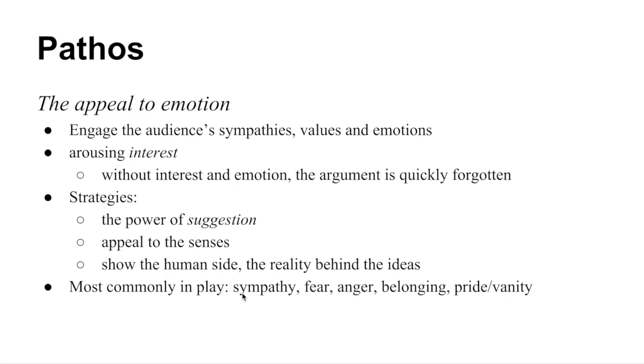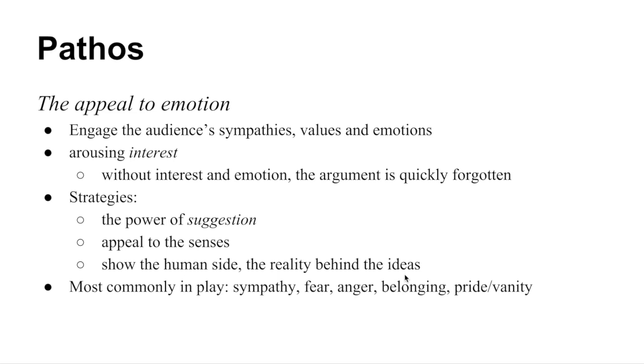And there are about 5 or 6 really basic emotions that all persuasive pathetic appeals really use, because human beings are pretty simple. There's only so many emotions we really are moved to action by, and they're here: sympathy or pity for another person, fear, anger, very powerful emotions. A sense of belonging, like being part of a tribe, right?